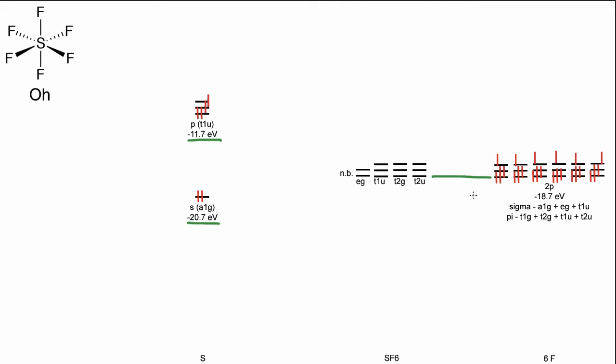The s orbital and the sigma orbital that has A1g symmetry are going to overlap with each other. They're pretty close, about 2 electron volts in proximity to each other. So we're going to have an A1g bonding orbital that is very low in energy. Alternatively, we should also have an anti-bonding orbital that also has a very large energy split, and so we can draw the anti-bonding orbital all the way up here. We can expect it to be a pretty strong interaction in that case.